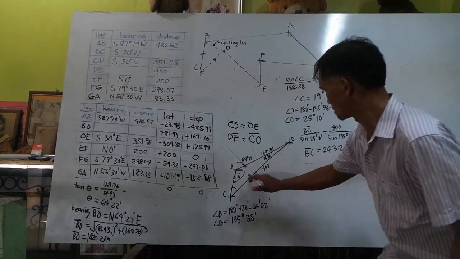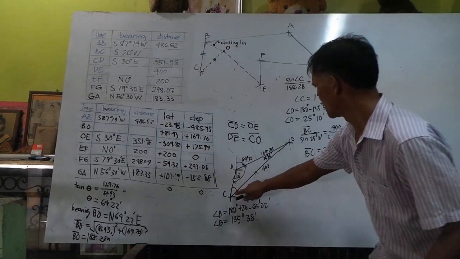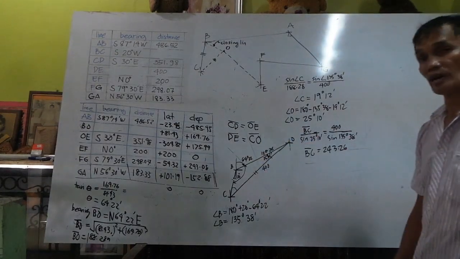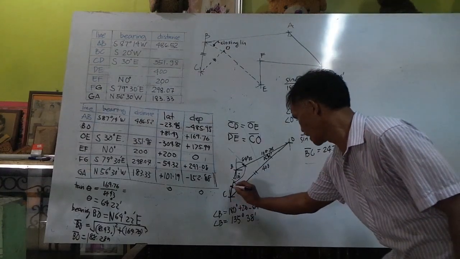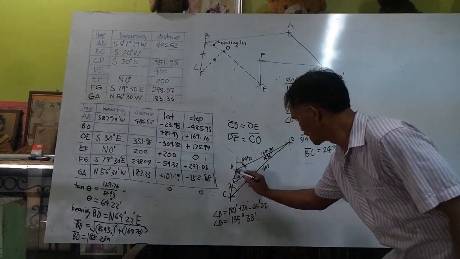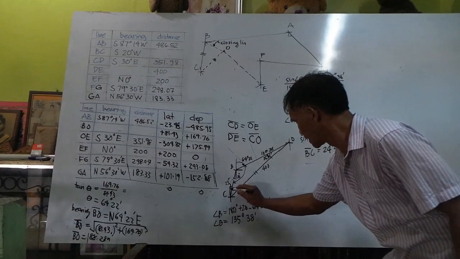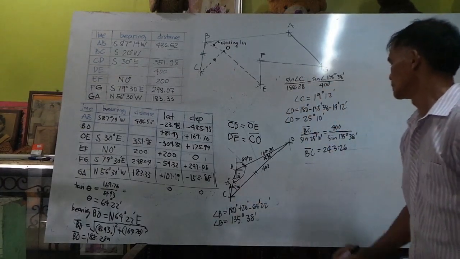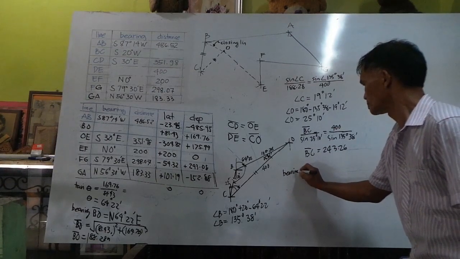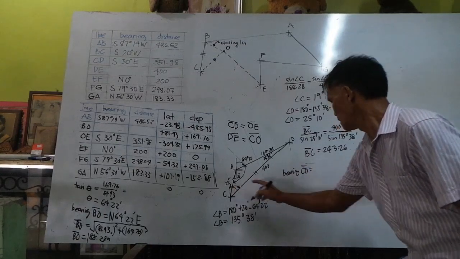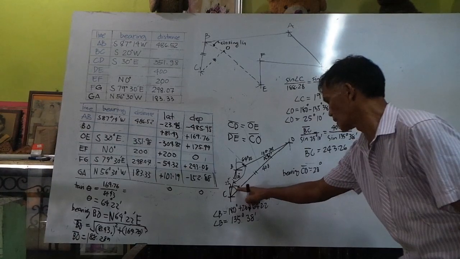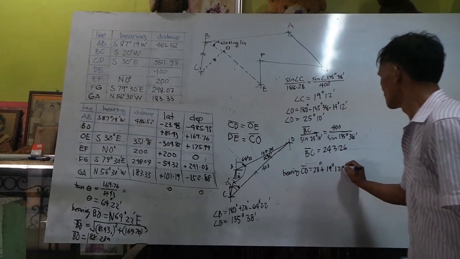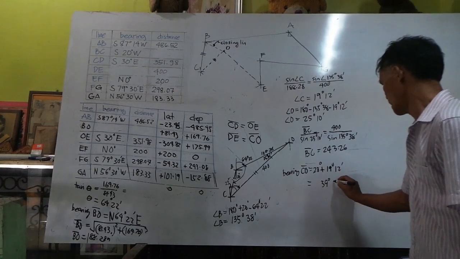For the bearing of line CO, which is equivalent to DE: it is the back bearing of our BC, so 20 degrees. The bearing of CO is 20 degrees plus the interior angle C, 19 degrees and 12 minutes, which is equal to 39 degrees and 12 minutes.